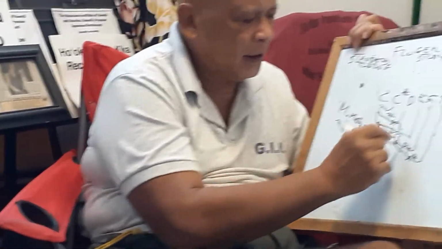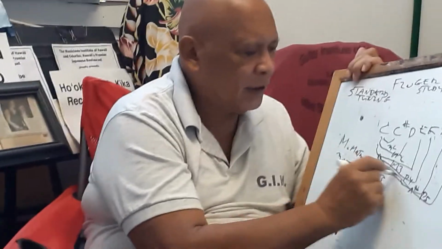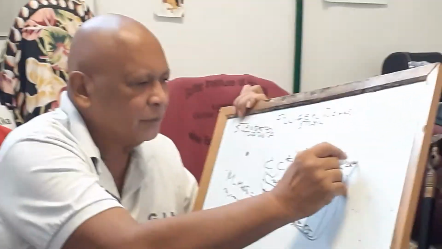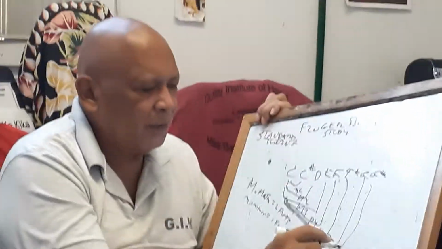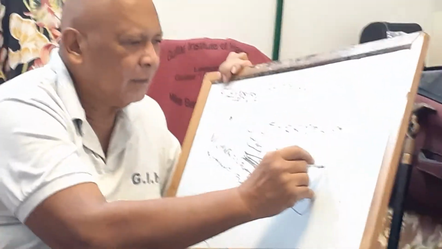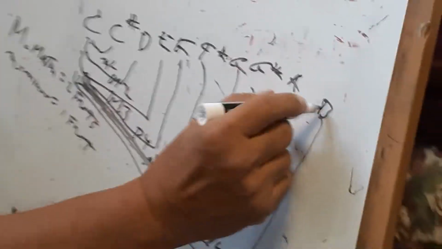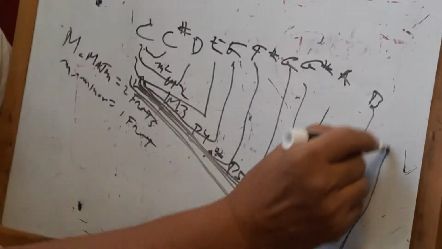C to G is a perfect fifth. C to G sharp is an augmented fifth. C to A is a major sixth. C to B is a major seventh. And C to C is called an octave or perfect prime.